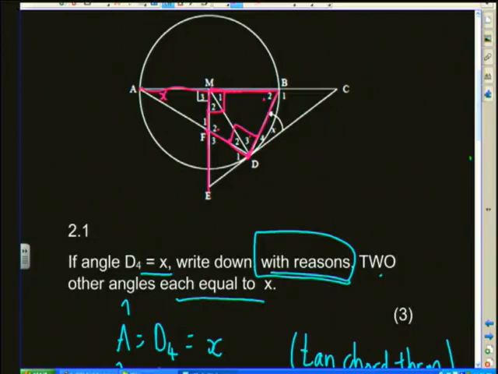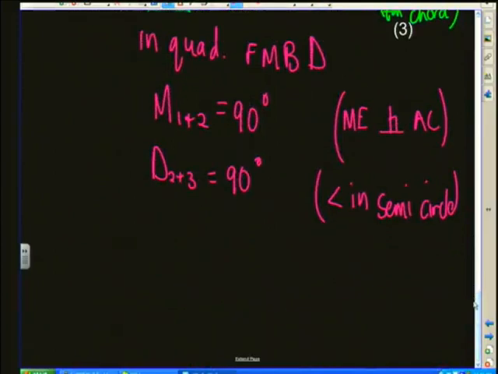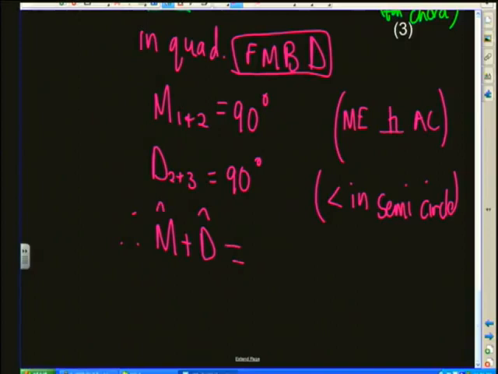So now we've got our two angles. We can say, therefore, angle M plus angle D, and we restricted that to the quadrilateral FMBD, so we know which angles we're talking about. Angle M plus angle D is equal to 180 degrees.